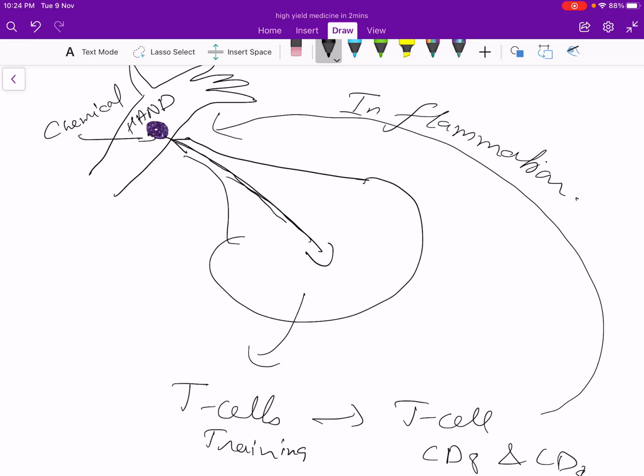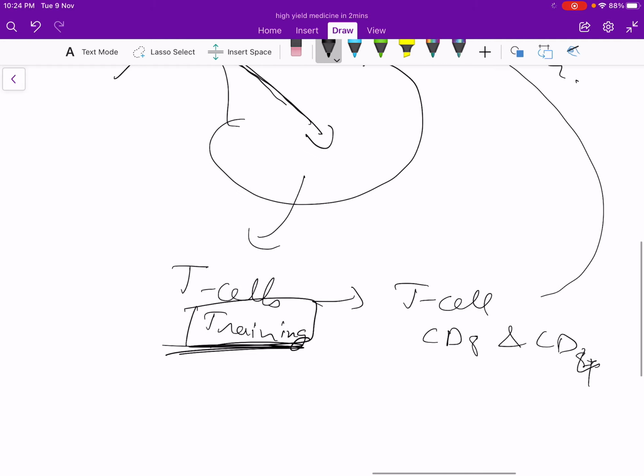basically see this antigen, and they train themselves, training of T cells, into CD8 and CD4 cells.